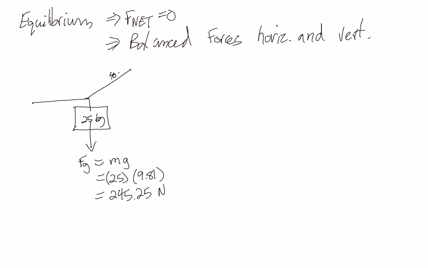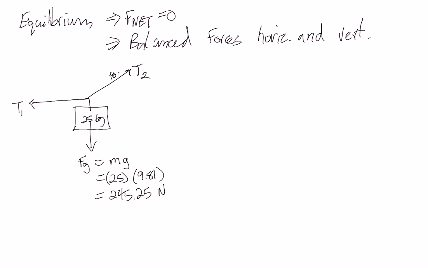So now the next question is, what are the tensions in the rope? So we want to know tension 1 and tension 2. We want to know what those two tensions in the rope are to hold up that 25 kilogram sign. So we know gravity is going downwards. That's our only other force acting on the object.